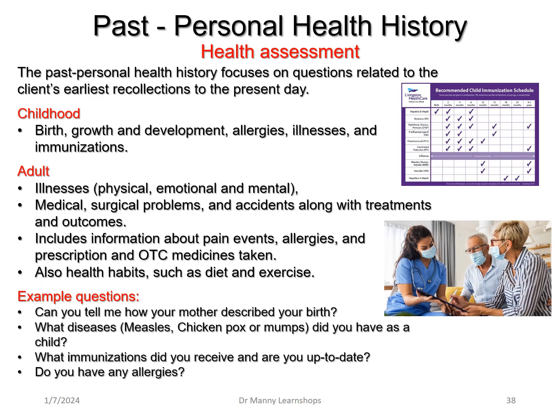Then you've got the patient's past personal history. And this includes things like what happened during their childhood and what's happening in their adulthood. Example questions could be, can you tell me how your mother told you about your birth? What diseases, if any, did you have as a kid?